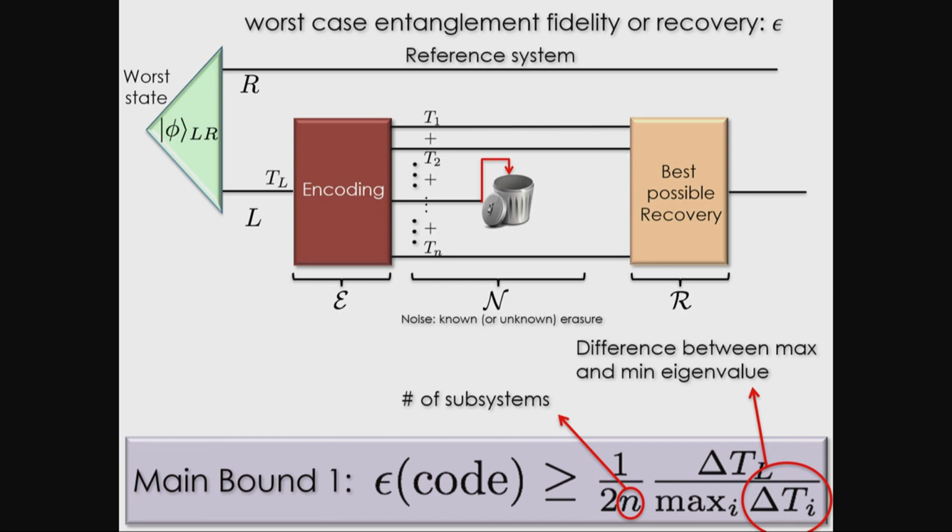So it intuitively makes sense. If you have more subsystems, there is going to be less information about the charge value leaking to each one of the individual subsystems. And if you have larger delta T, you have more room to hide your data. And the very fact that this lower bound is non-zero means that you can't have a perfect code. So it's an extension of the Eastin-Knill theorem.